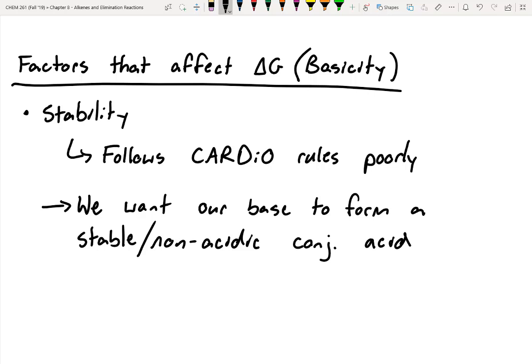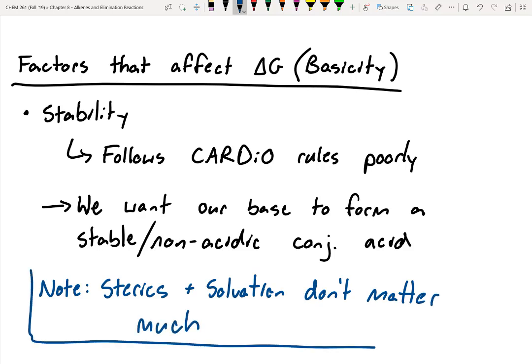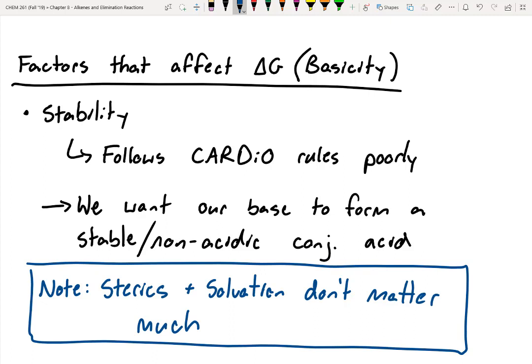So we can look at the acid as well. But the big note here is that sterics and solvation don't matter much. Does that make sense?